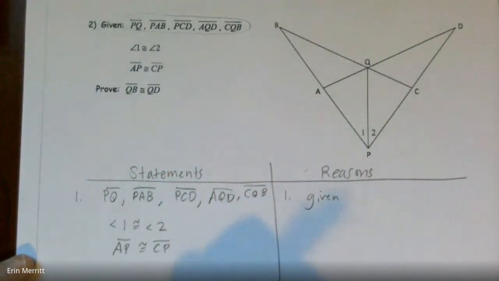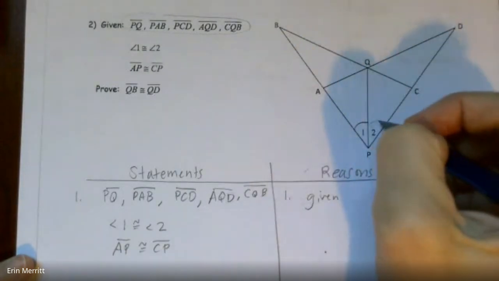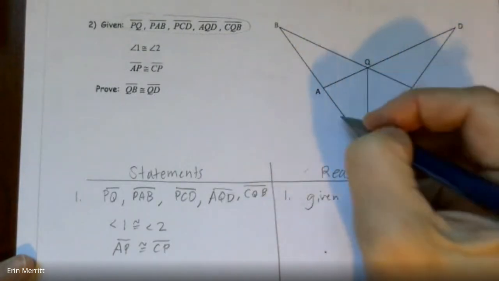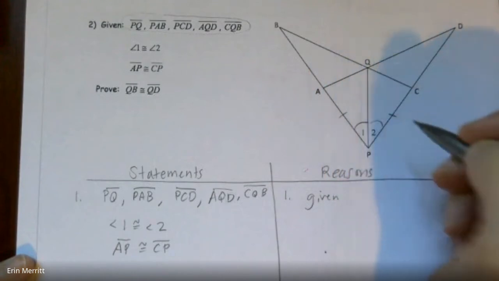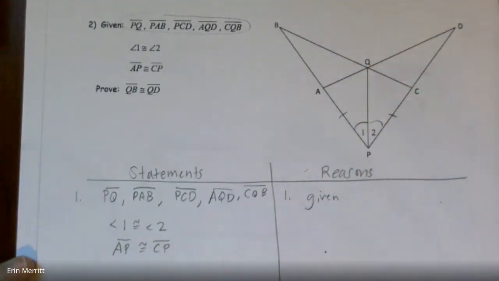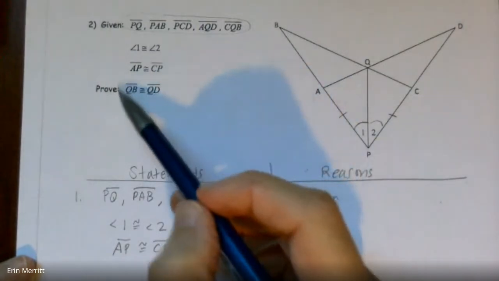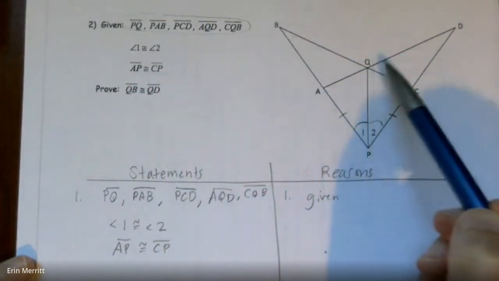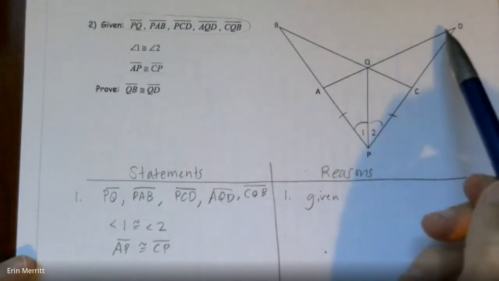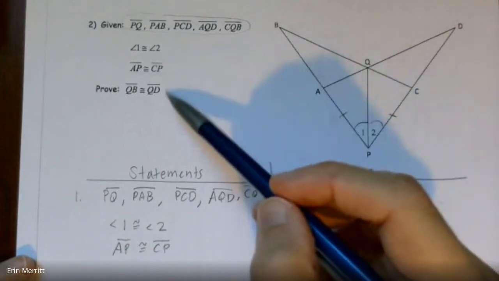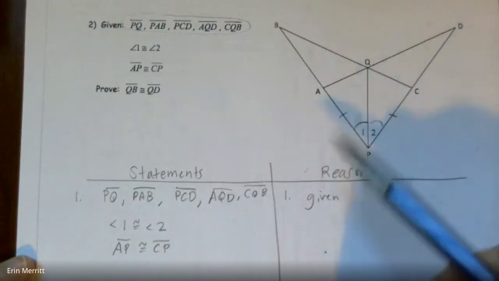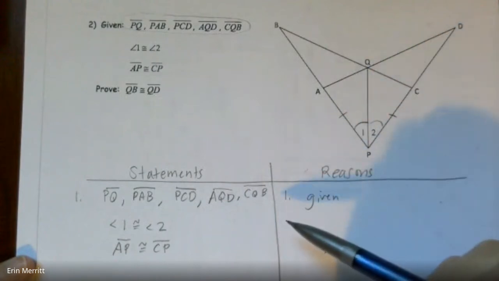All right. If we mark those, that's going to give us a game plan as to where to go. So angle 1 congruent to angle 2, and then AP congruent to CP. Okay. Where we're eventually going with this proof is we're going to want to prove that segments QB over here and QD are congruent. So we're going to need triangles that QB and QD are in, but that's not our concern at the moment.